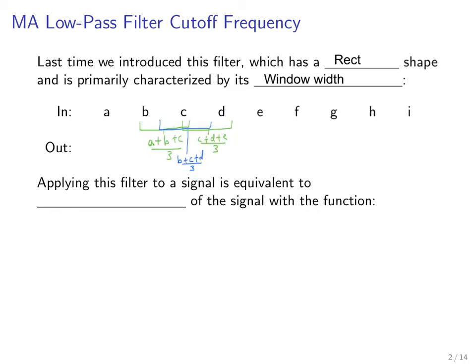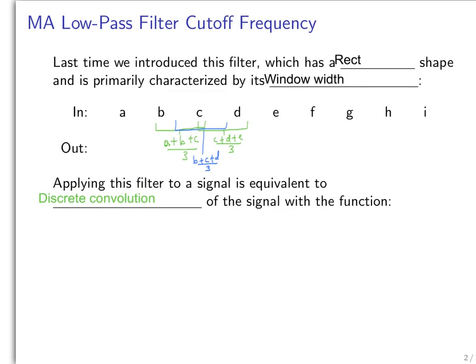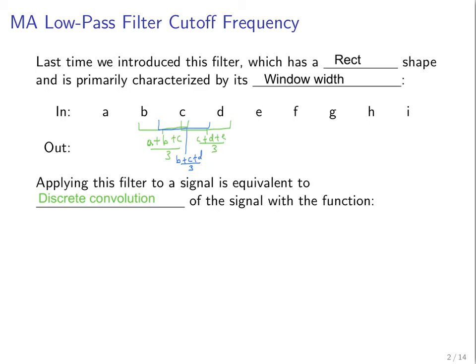Now, applying this filter to a signal is equivalent to performing a discrete convolution of the signal with a rect function. So this is a function that looks like this as a function of time. We can plot here as a function of time the samples of a window width 3 moving average filter.